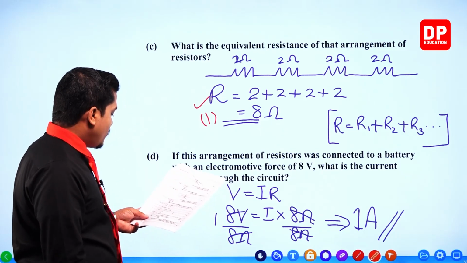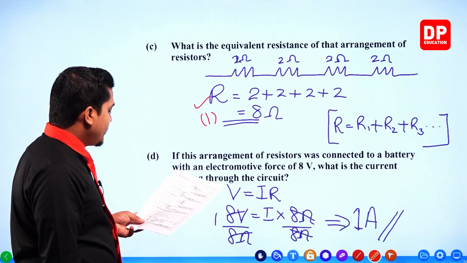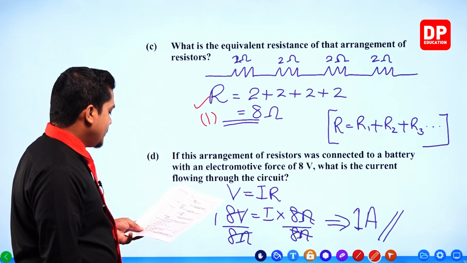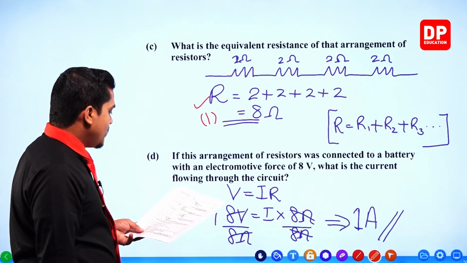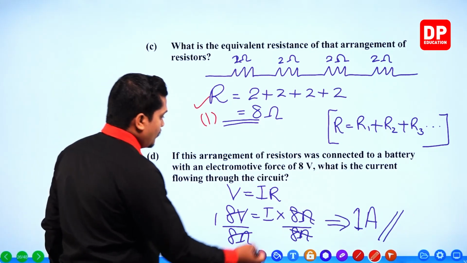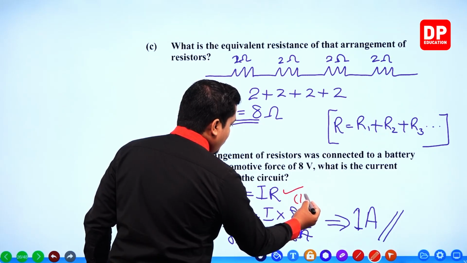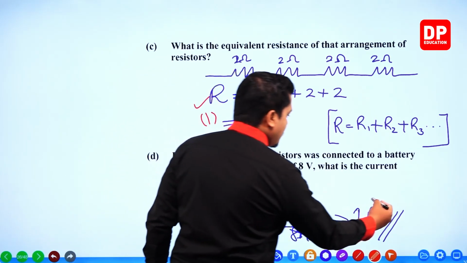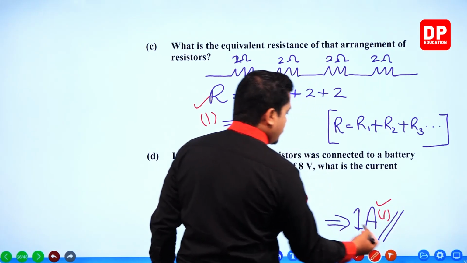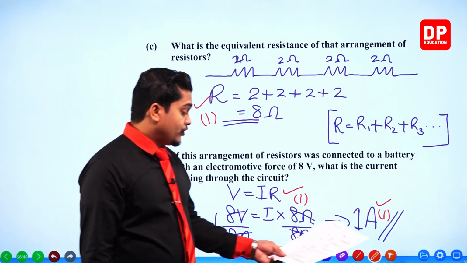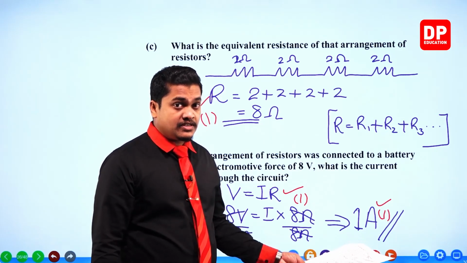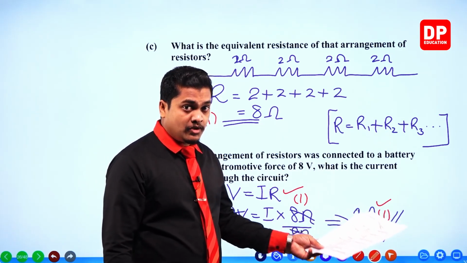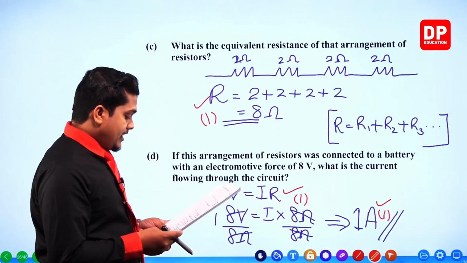Next one, for part D, you are given 2 marks, my dear children. The 2 marks come for the application of V equals IR and the substitution, 1 mark. Then for the answer, 1 mark. For the unit they have specifically given marks, so remember to put units, okay? Next one.